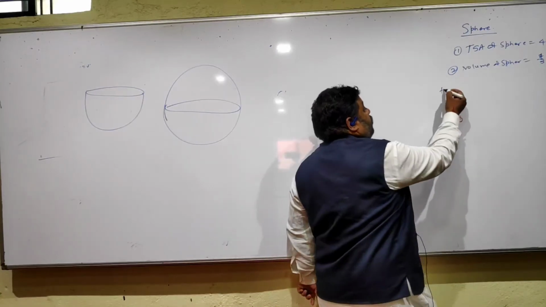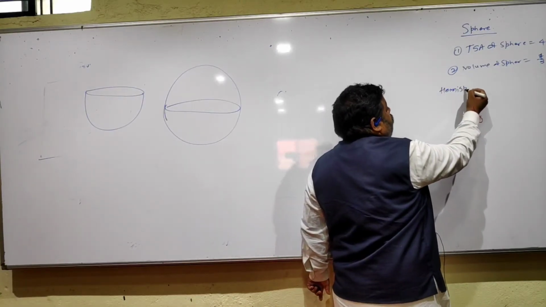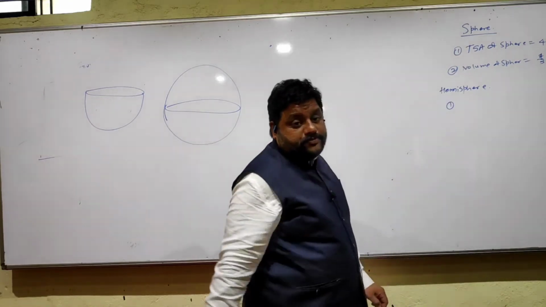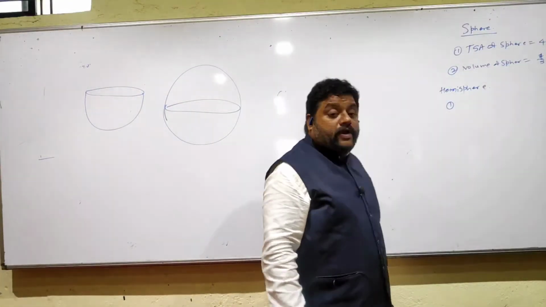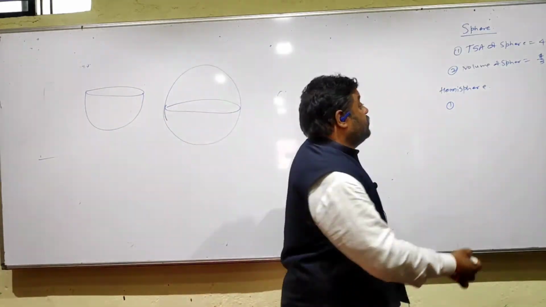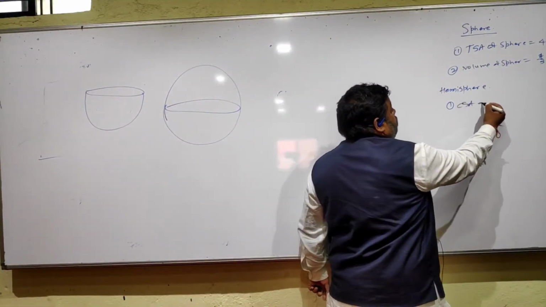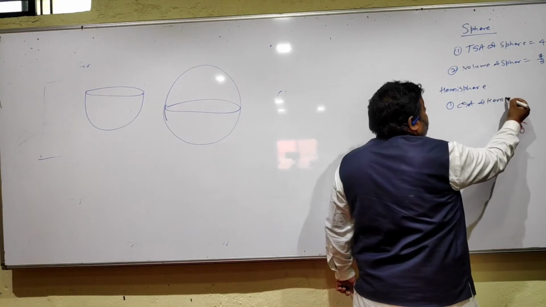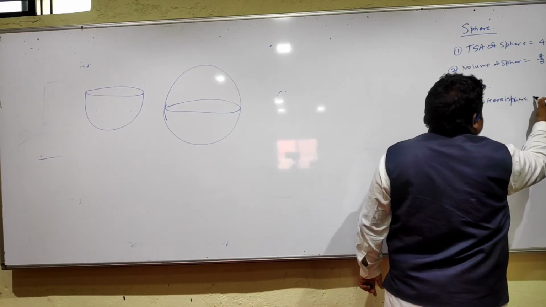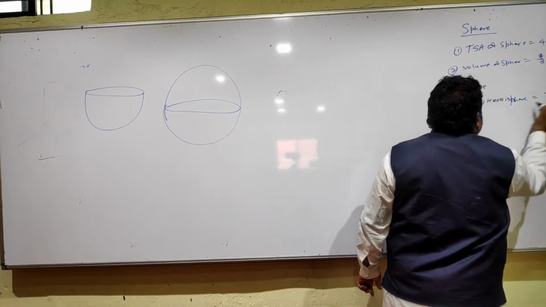Now when we talk about a hemisphere, it is like this. There is a curved surface and a total surface. The CSA of a hemisphere, or sometimes it is also called a semisphere, is equal to 2 pi r square.